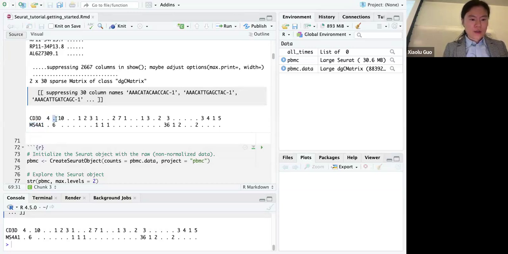The second cell doesn't express this gene, but has a high expression of the second gene, and the third one, etc. So all of these dots are zeros, and the others are mRNA UMI counts, the mRNA molecule counts for the corresponding genes.